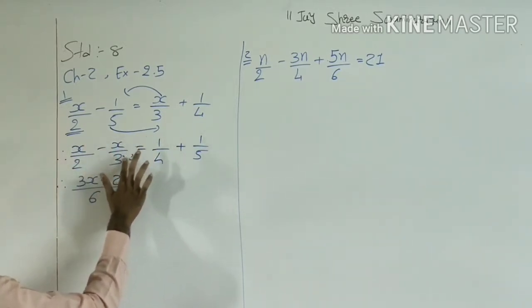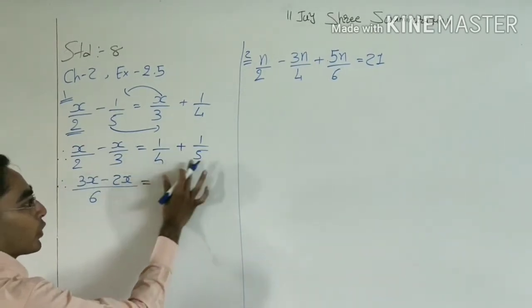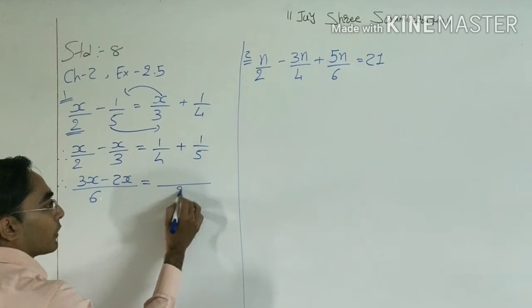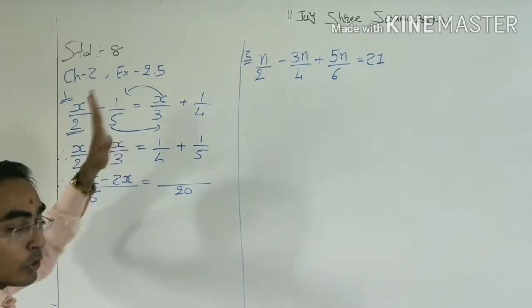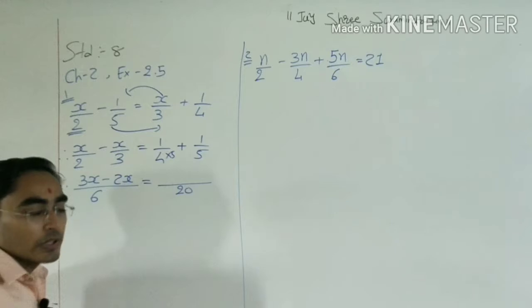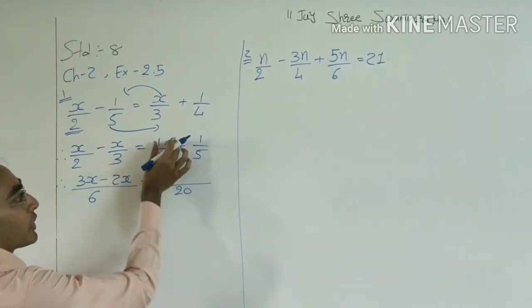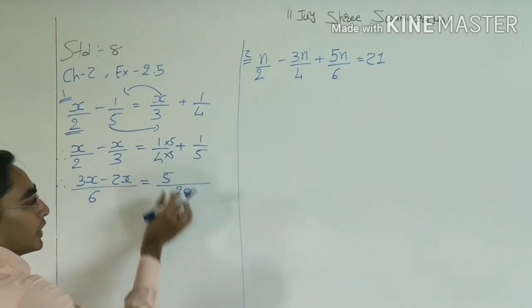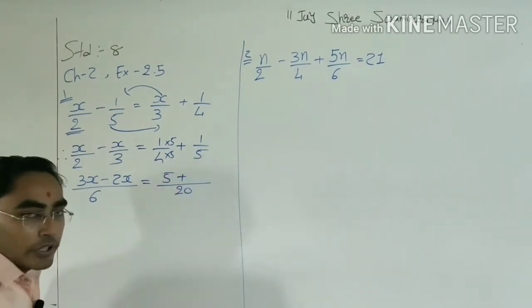Now same thing we need to do on the right hand side. Here we have 4, here we have 5. So 4 5s are 20, our LCM is 20. Now we need to convert this 4 into 20, so we multiply with 5. Same thing in the numerator: 5 ones are 5, denominator 5 4s are 20, and plus sign as it is.